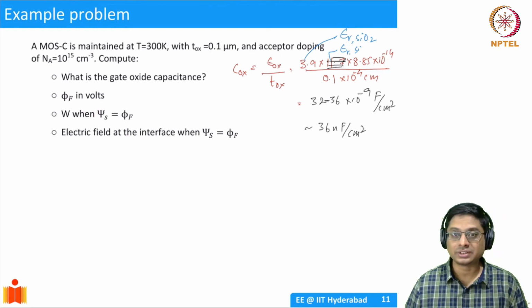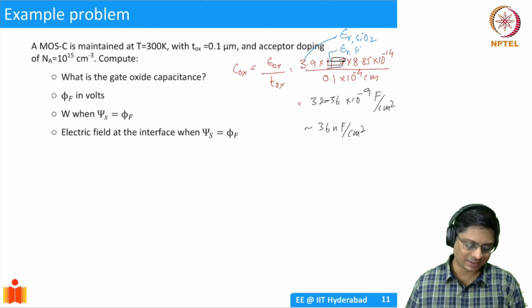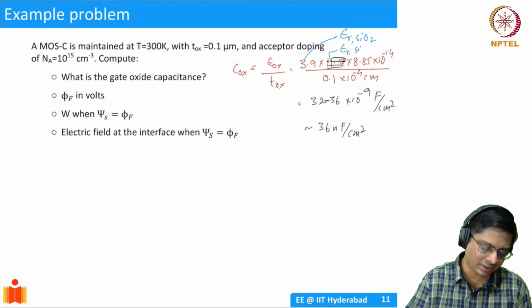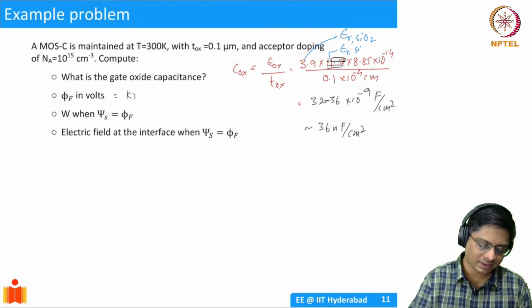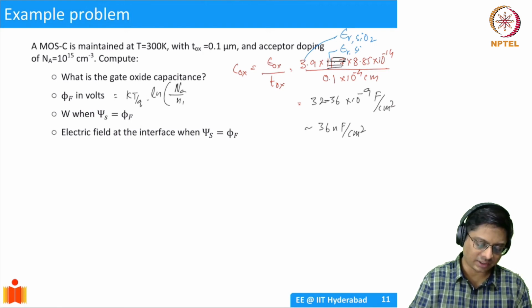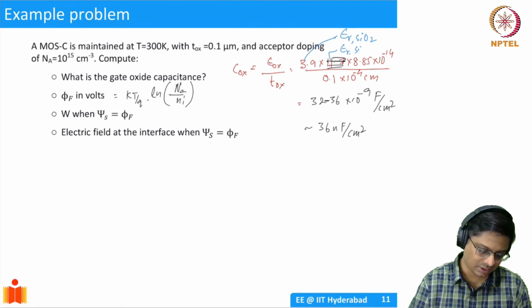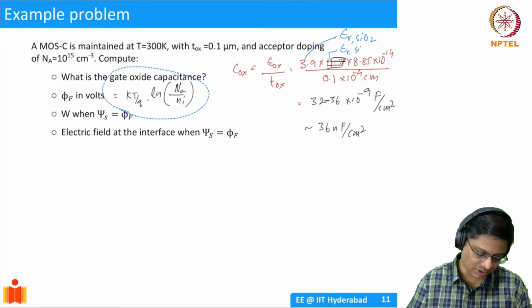So what is phi f? Now, instead of giving the band diagram, I'm asking, give the numbers and calculate the Fermi energy. This is going to be simply kT by Q ln Na divided by Ni. So this will be, okay, I shall write it a little more clearly here down.